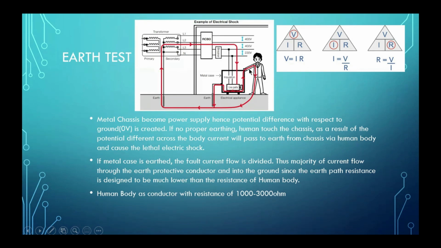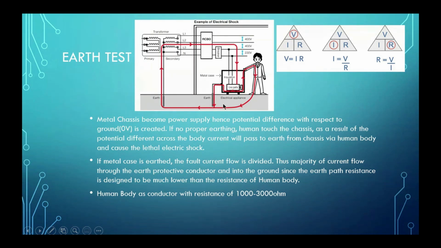But it cannot take too long for this current to pass through these people, because these people may die within some seconds. So that's why we come up with the RCD. It measures the current difference, then trips and protects this circuit, protecting people from electric shock. So the earthing is very important.